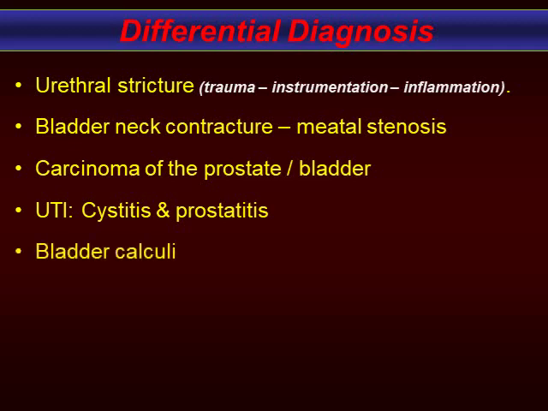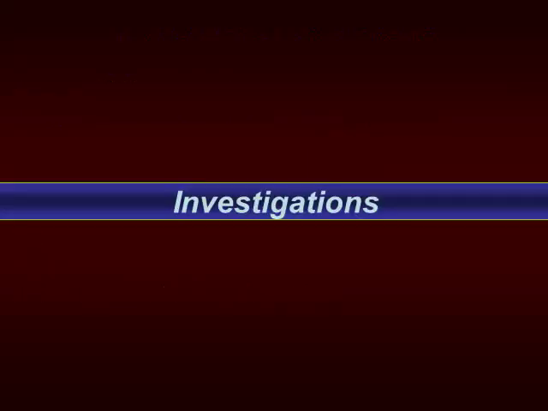Bladder calculi could also occur as a complication of BPH, or if it is primary, it could produce a clinical picture similar to BPH. And the neurological abnormalities, such as cerebrovascular accident, multiple sclerosis, or diabetes mellitus, could also produce very similar symptoms to BPH. All these conditions you have to check for, and you can differentiate by taking a proper history and doing a proper examination and the investigations.